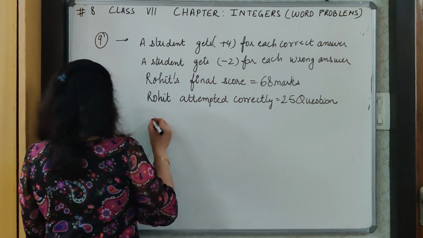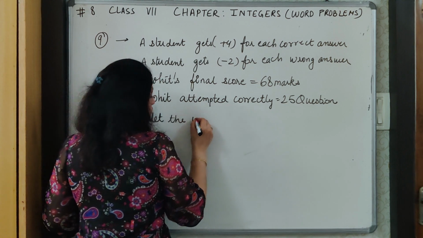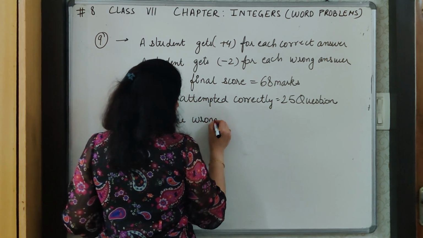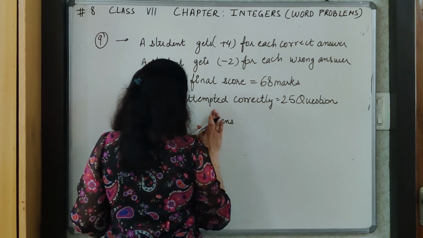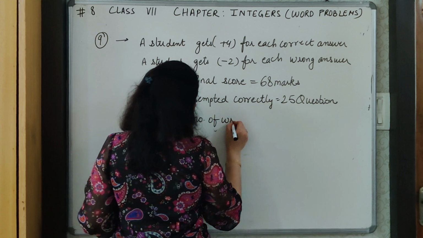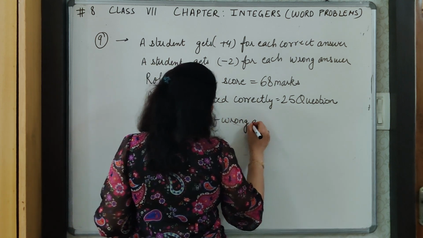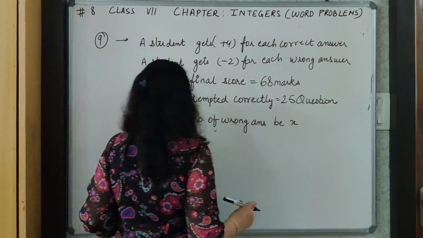So we say, let the number of wrong answers be x.